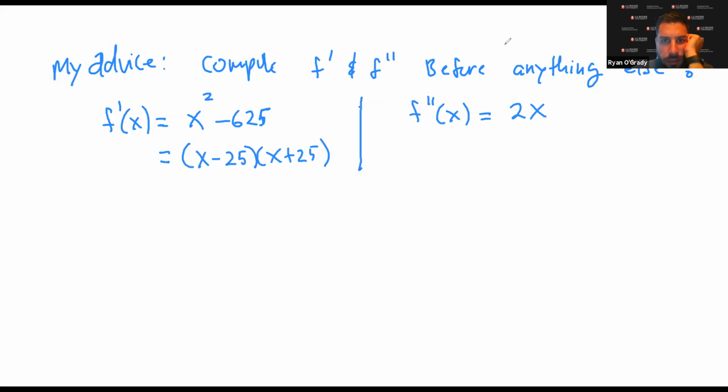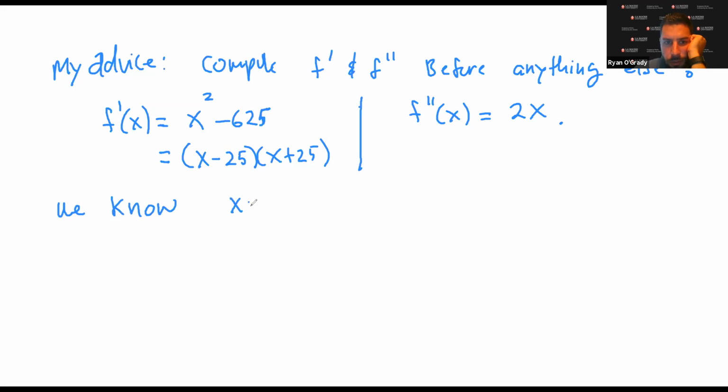So what's nice about this is right away, I know what my critical numbers are. The critical numbers are solutions to f prime equals 0.